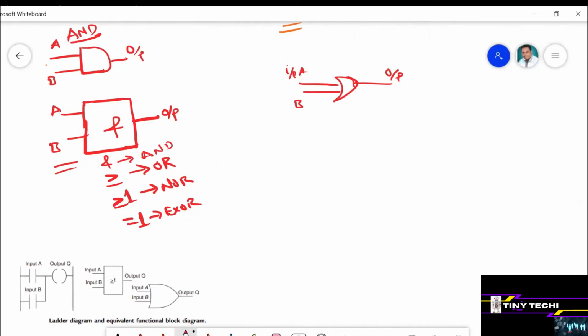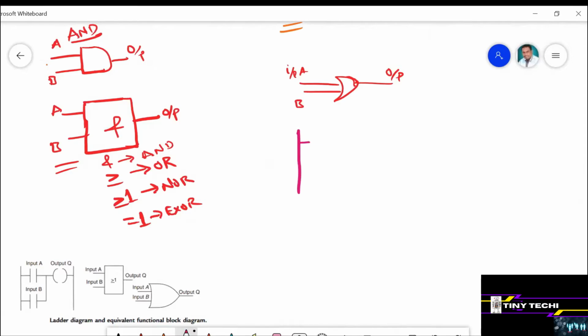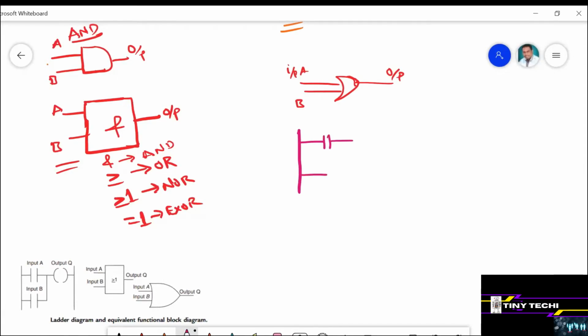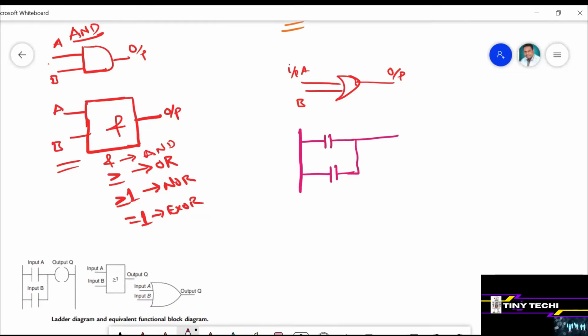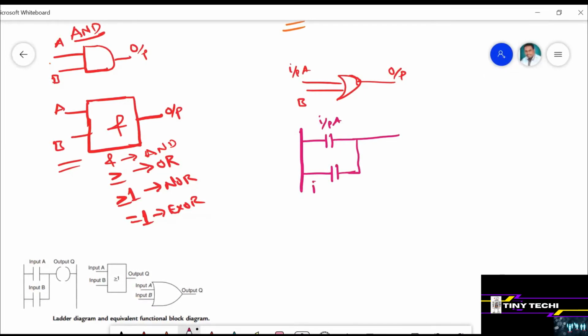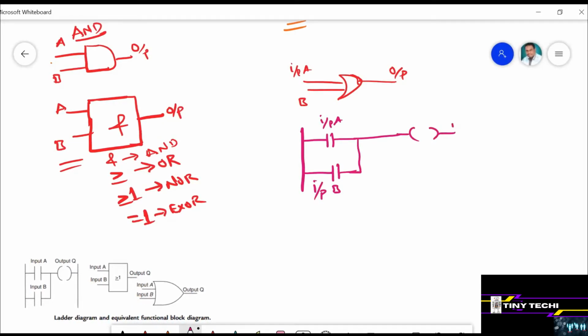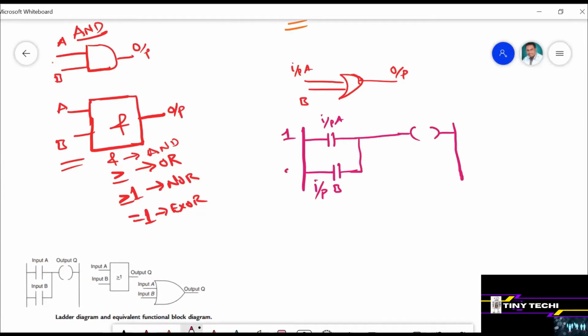The OR gate is implemented with the contacts connected in parallel. That is input A, input B, and we connect the output. Okay, this is rung 1, 2, and out.